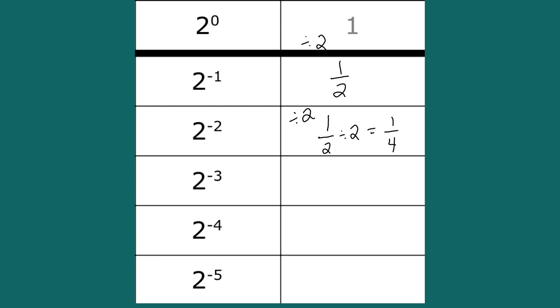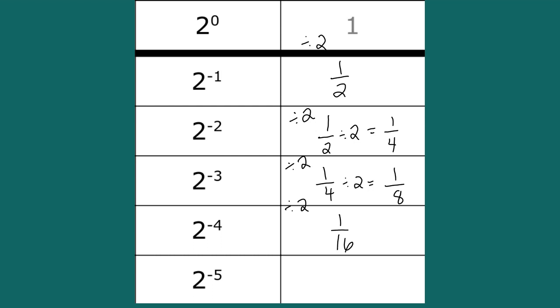Okay. Then we would divide by 2 one more time. So now we have 1/4 divided by 2, and that is 1/8. And you can probably see the pattern that's starting to emerge. If we divide by 2 one more time, we would have 1/16.